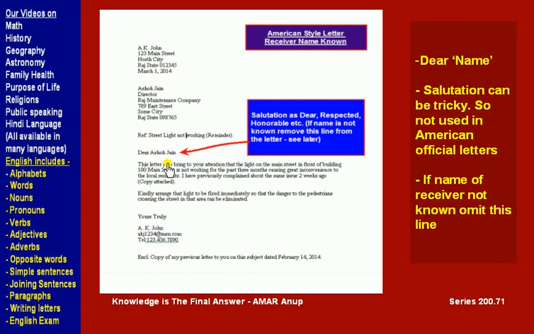So you write a common addressing designation here if you don't know the name. Very rarely, as I said, if you have no idea, in the American system you can remove this line, but in the other system, as used in India and in the UK and in many other countries, you write dear sir or dear madam or any appropriate salutation.